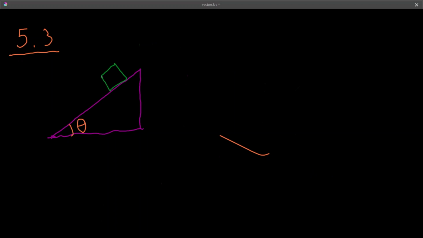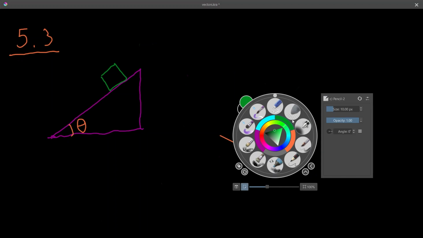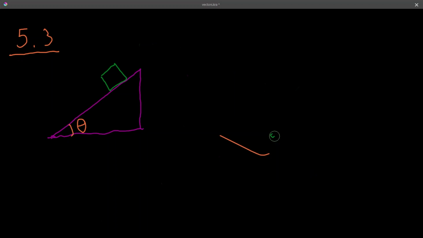In our exercise, we're going to consider that you just put it on the incline and now it's sliding, right? So what are the forces on this incline if we say it's a rough incline, right?